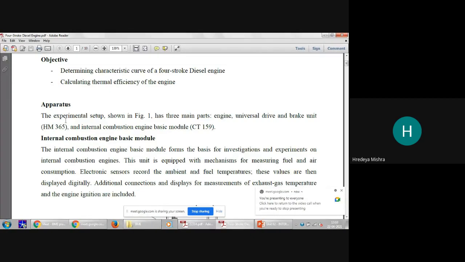Determine the characteristic curves of a four-stroke diesel engine. Calculate the thermal efficiency of the engine. That is not your practical part. You only have to understand what the four-stroke diesel engine is, what the components are, and what the working principle is, and that's it. The curve generation is not your part, but for knowledge purposes I will show you this. See the setup here.